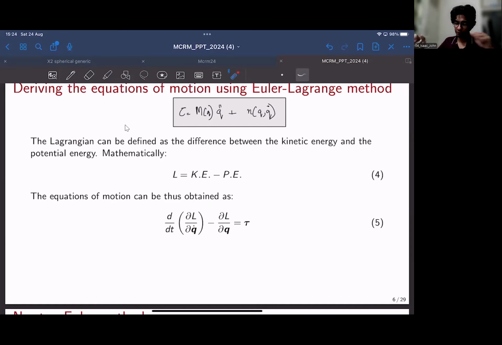And another peculiarity of using the Euler-Lagrange method is that you only get the direct torque on the actuators. So to get more clarity, I'll try to bring more clarity into this. A 2R manipulator, just like what I'm depicting here.